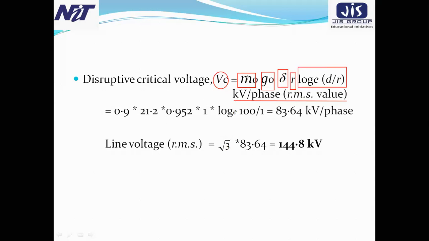Now M0 is also given in the previous slide. What is M0? 0.9. What is G0? 21.2. What is delta? 0.952. That is also given in the problem. What is r?